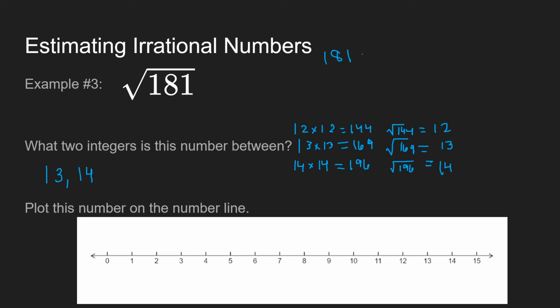We can do 181 minus 169 to give us 12. And 181 is 15 units away from 196. So since 12 is a smaller number, the square root of 181 is closer to 13 than it is to 14. So we'll put it just shy of the halfway point.